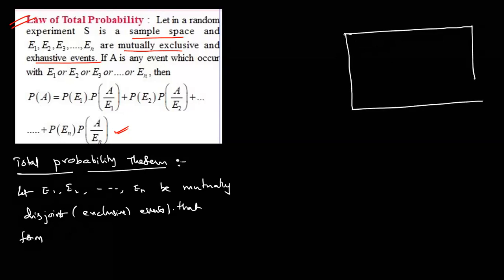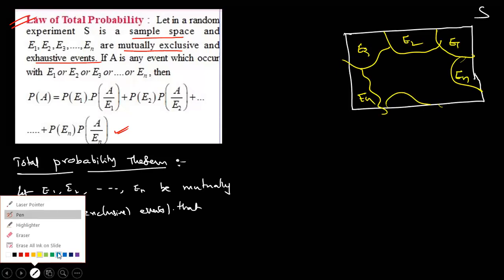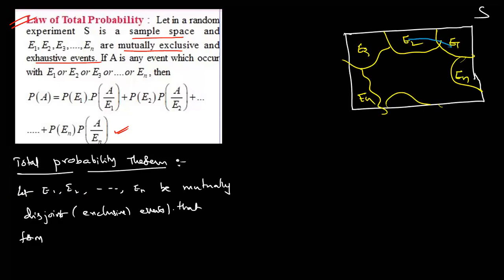Directly I'm giving the proof. See, this is a sample space. Now here, some events are there. The sample space is divided into partitions like that: E1, E2, E3, E4 and so on, up to En. One more event is happening, like that.